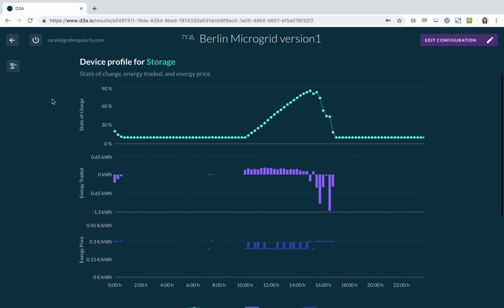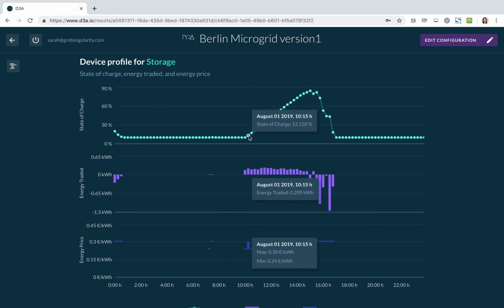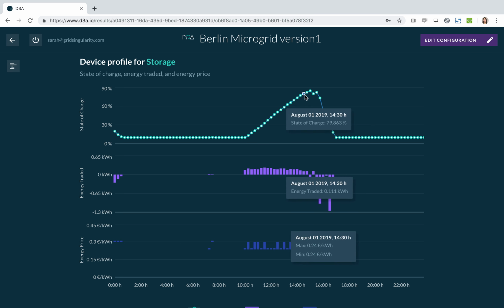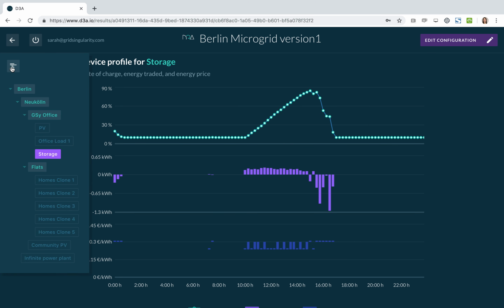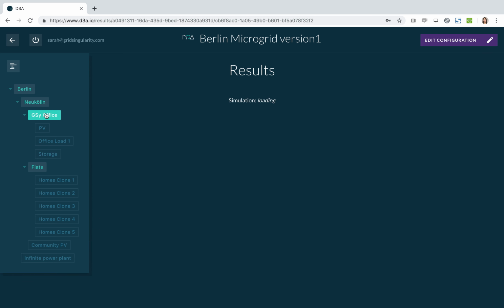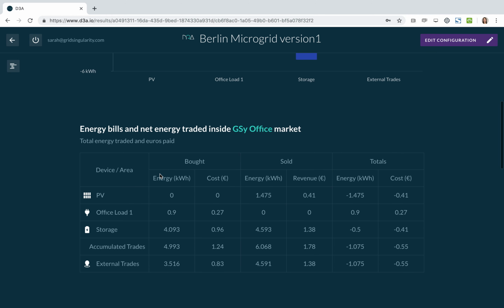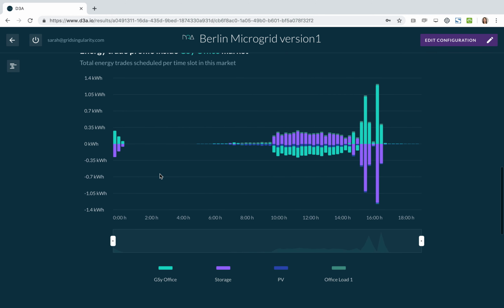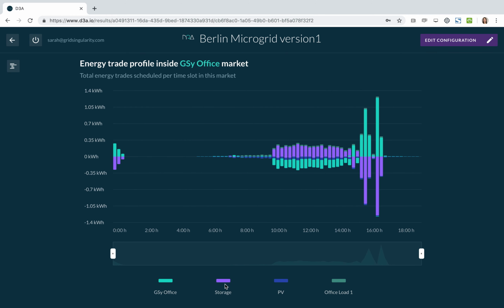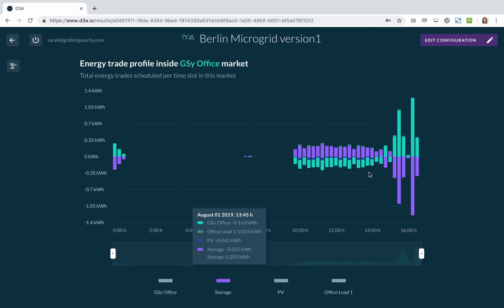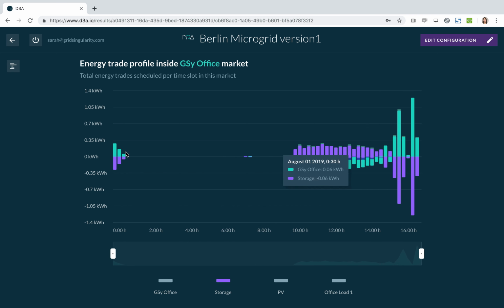And you might wonder, how do I know that the storage is charging from the PV, for example? So in order to zoom in on this, we would click on the GSY office market and then go to look at these graphs here. And we can click on the storage and see exactly who it was selling to or buying from.